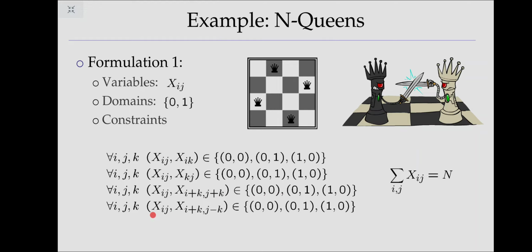Another definition of the diagonal elements: xij and x i plus k, j minus k. This is another example of the diagonal elements.